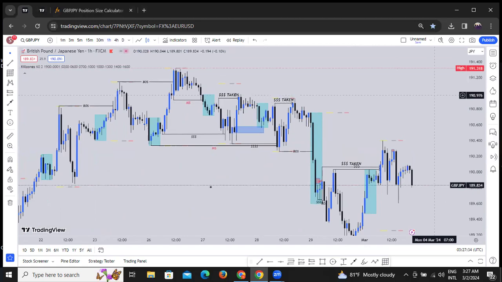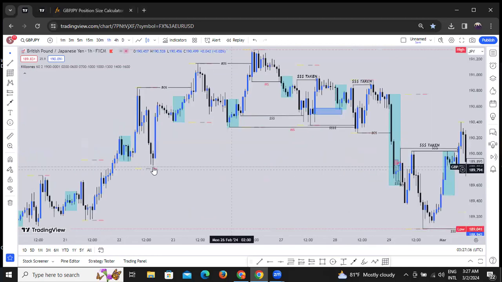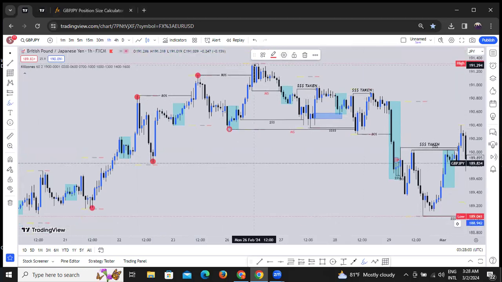Right here, as you can see, this is our low. We have this low, we have this higher high, a pullback to this lower high, then to this higher high, this lower high, and then the market did this extreme higher high.